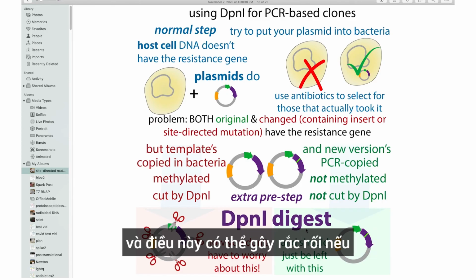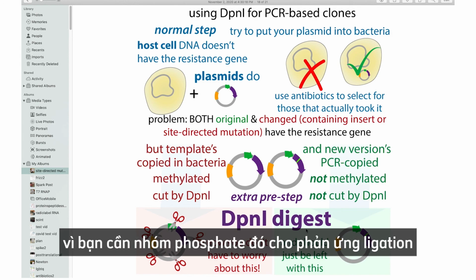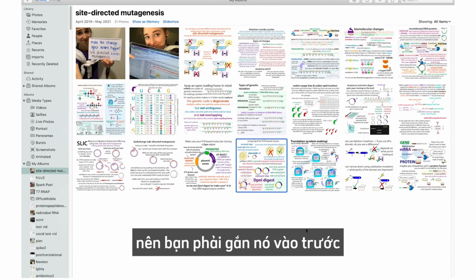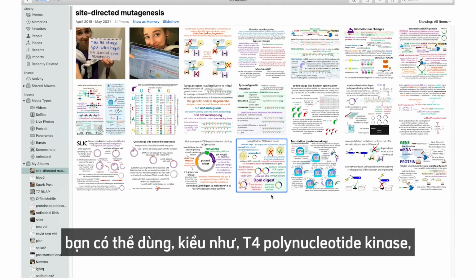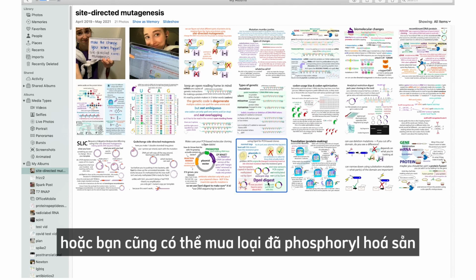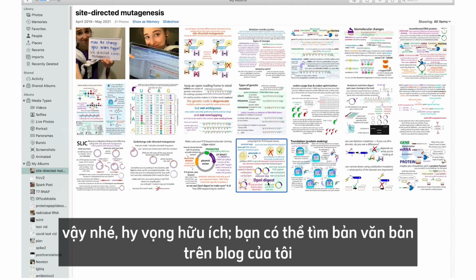That can be a problem if you're trying to ligate, because you need that phosphate group for the ligation. So you need to add it beforehand with a kinase, like T4 polynucleotide kinase. Or you can buy it phosphorylated, but then you have to pay more. Anyway, hope that helps.